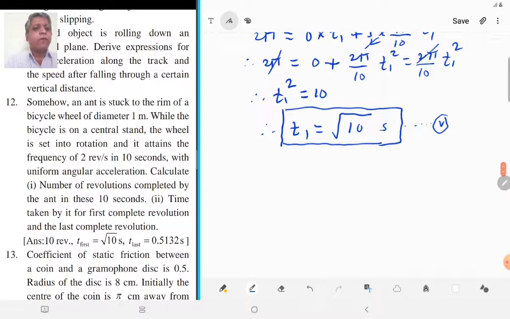The third point to be found out is the time taken to complete the last revolution.